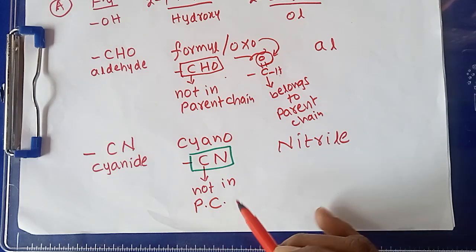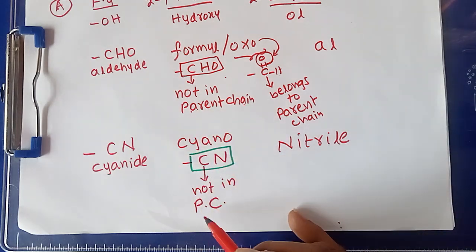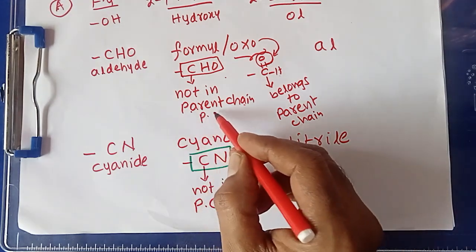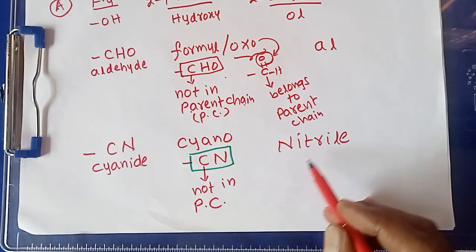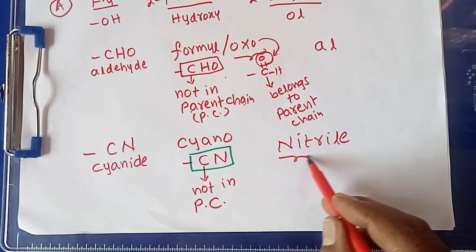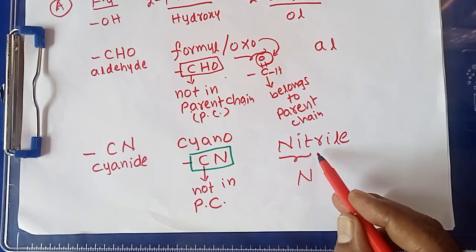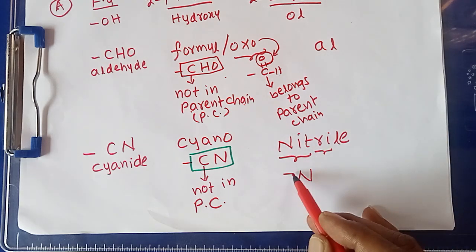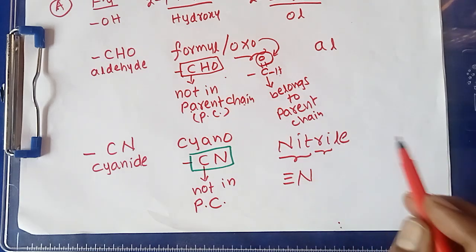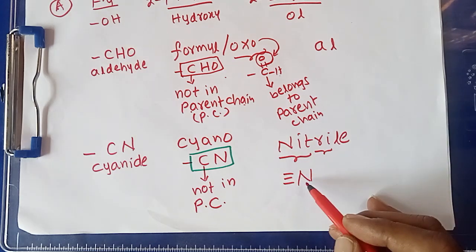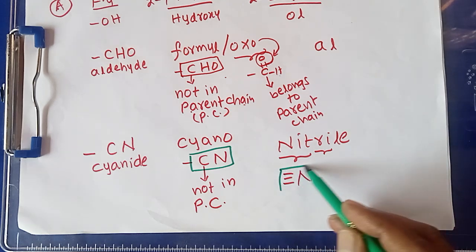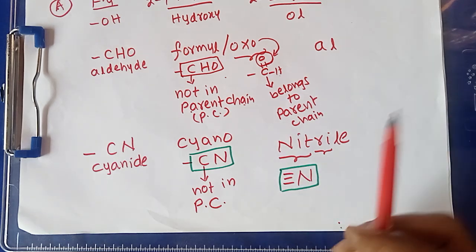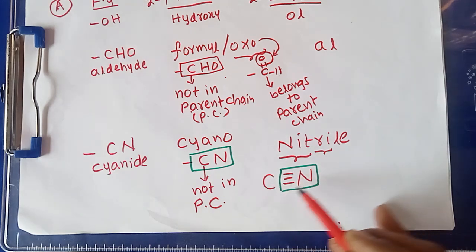PC means parent chain, friends. Here written as parent chain. Parent chain shortcut PC. Nitrile. Nit means nitrogen. Tri means 3. Le is just common. So nitrile means what is covered? Nitrogen with 3 bonds only is covered. So actually CN is a functional group.